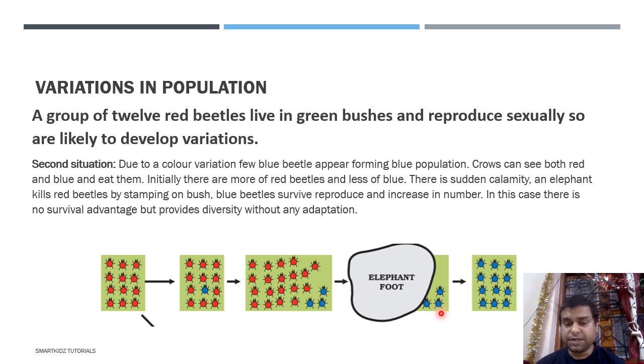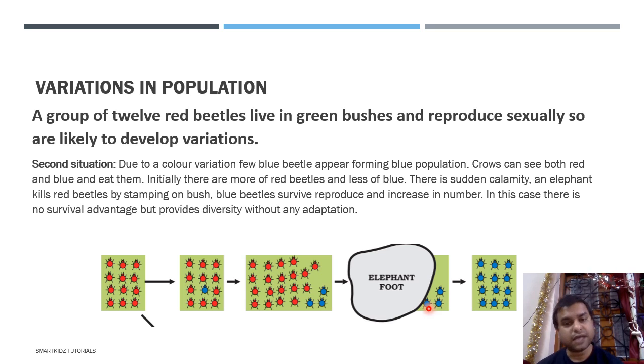Since the blue beetles were less in number, they happened to survive, okay, since they were in less numbers. And these blue beetles, as you see over here, grew in number. Now, there was no survival advantage as such for these blue beetles, unlike in the previous case where the color gave the green beetles an advantage over the red beetles.